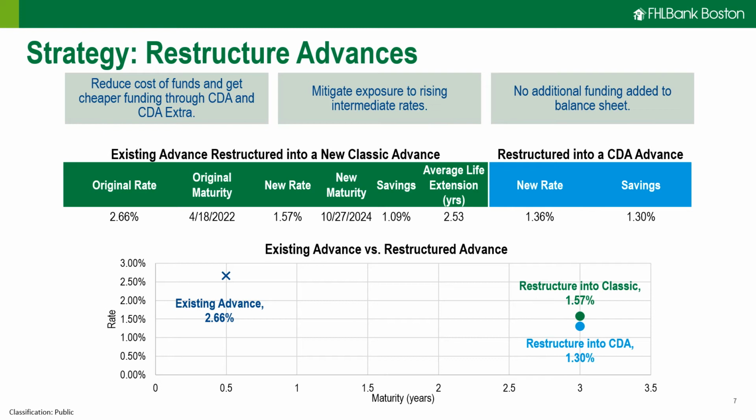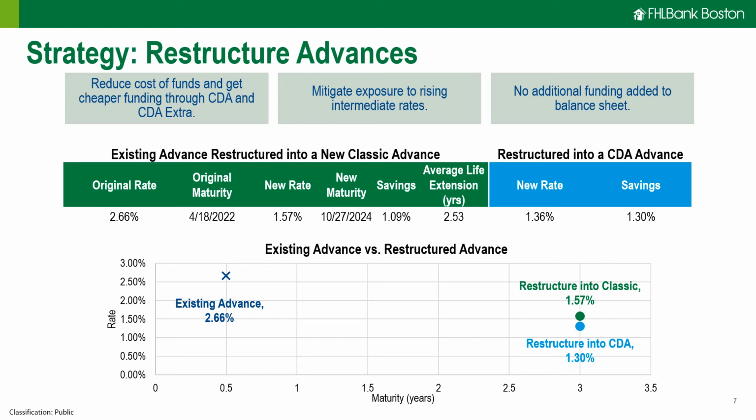So if you have excess cash, you don't need cash, but you're either exposed to rising intermediate rates or you are worried about rising intermediate rates, you can utilize this strategy without any additional funding being added to your balance sheet. And when you combine the restructuring of the advance with the CDA and CDA Extra product, you get additional savings.